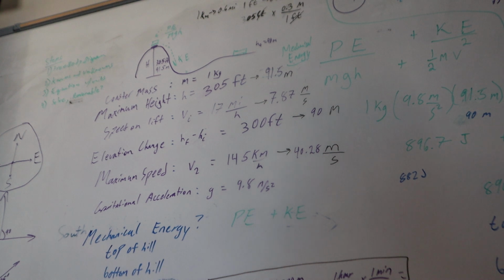So now 1/2, okay, so 40.28 squared. I get 16.22 meters squared per second squared. So it's the 40.28.